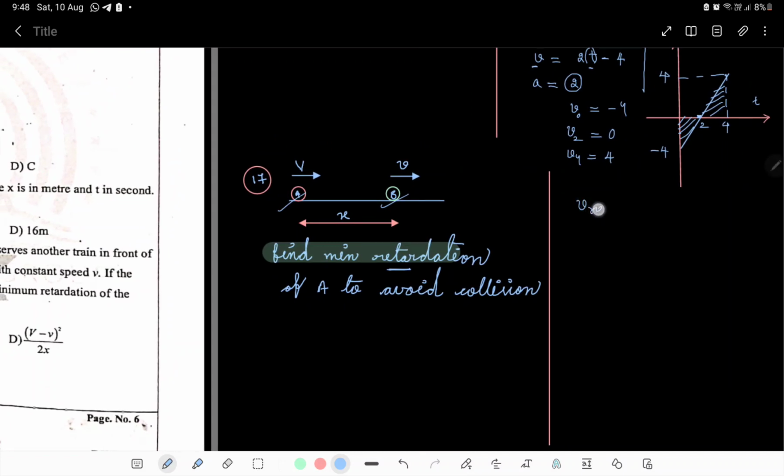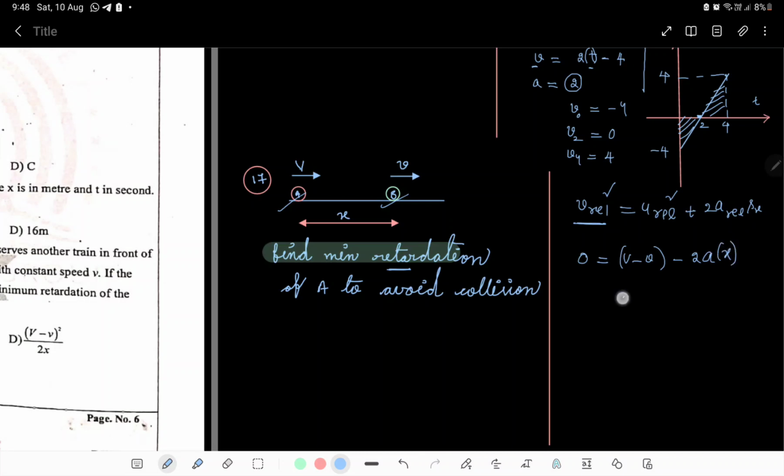So we have v relative square equal to u relative square plus 2 a relative s relative, right? So to avoid the collision, this v relative should be equal to 0, and this u relative will be, as both are in the same direction, v minus v. Because it is going to retard, there will be 2 into this a, the retardation that we have to calculate, into s relative, which is nothing but x.